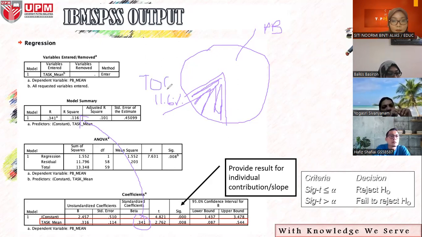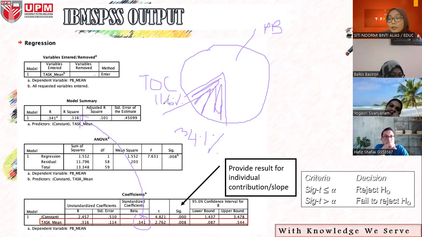But within this 11.6%, only 34.1% out of 11.6% has been explained by task-oriented coping. So the rest, 65.9, is considered to be error.